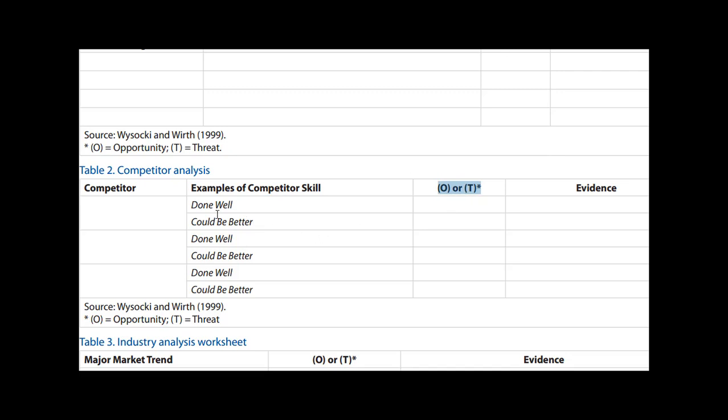For example, if you're in the food business and your competitor has developed something which is very popular and is in the growth stage, then it can be a threat for your company in the long term. On the other hand, if something that your competitors are doing is not the best in that area, it can serve as an opportunity for your company.